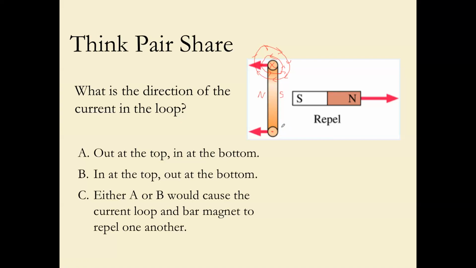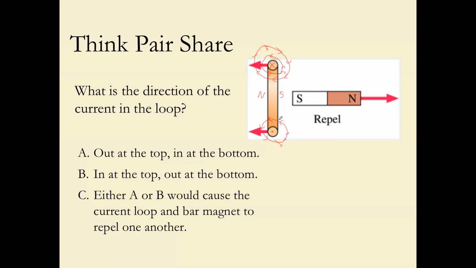But let's again check it. If this is out of the page, let's make a circle around it. Put your right thumb in the direction of the current, which is out of the page. Curve your fingers around this circle, you will see that this is the direction of the magnetic field.